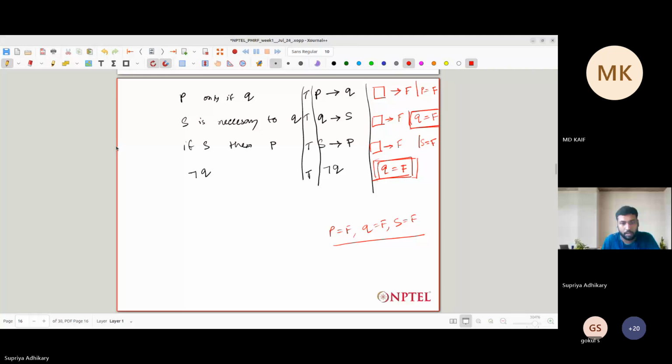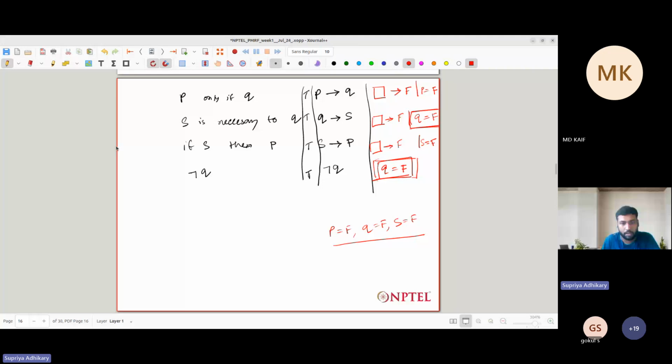Then again, we have a disjunction, and the implication is like this: P implies R is nothing but this. So we can write this variable S, so that we have this proposition.